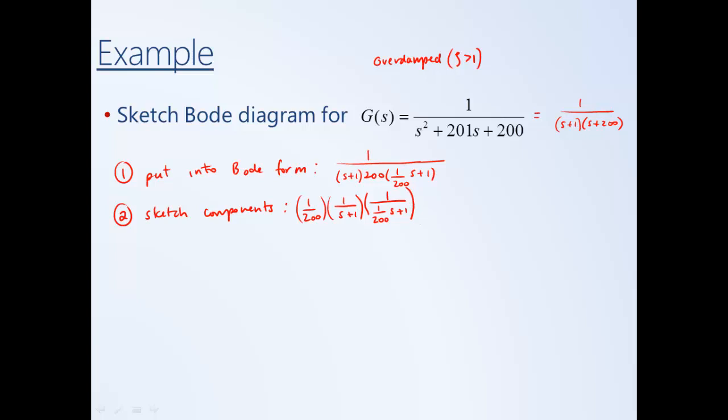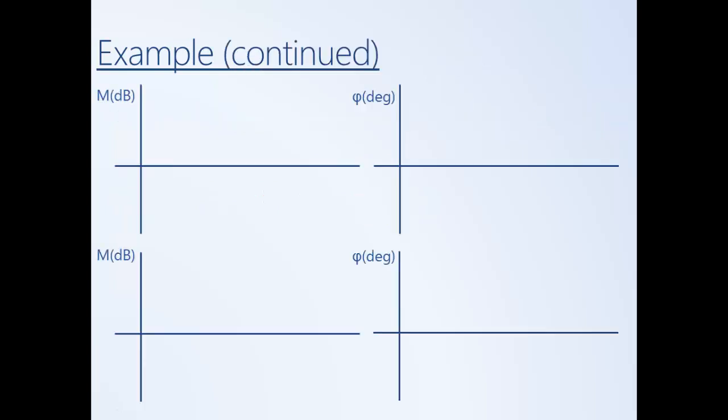We then sketch each of those components, a simple gain and two simple poles, and we've memorized the shapes of those Bode diagrams. So here again are the components of our larger transfer function put into Bode form. We'll sketch the Bode diagrams of each component separately, and then we'll add the components together.